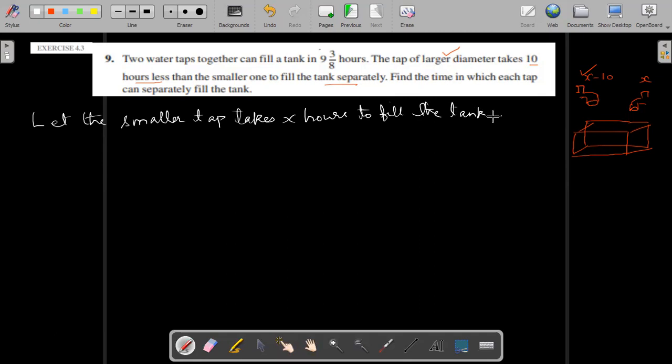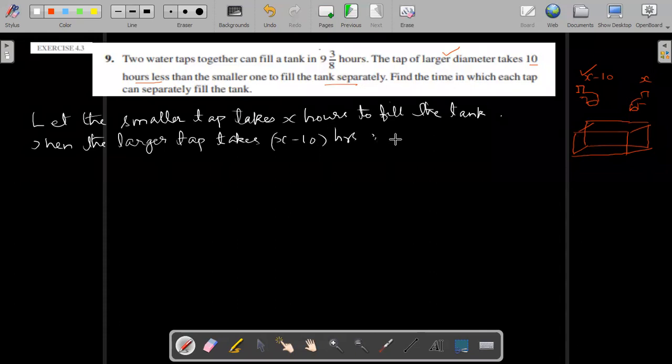Then the larger tap will take how much time? Larger tap will take 10 hours less. So the larger tap takes x minus 10 hours to fill the tank.